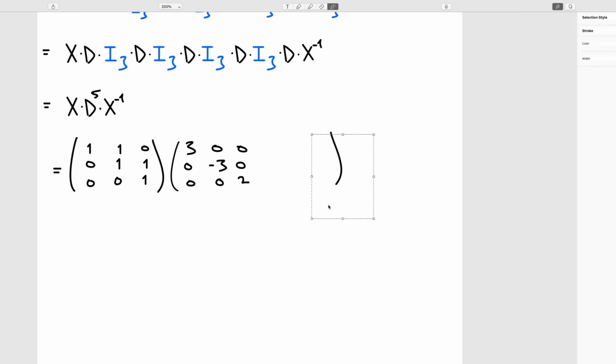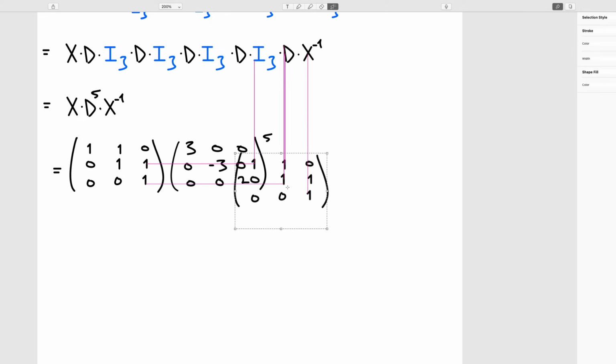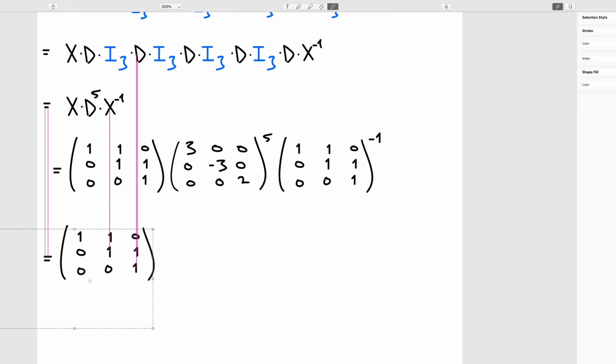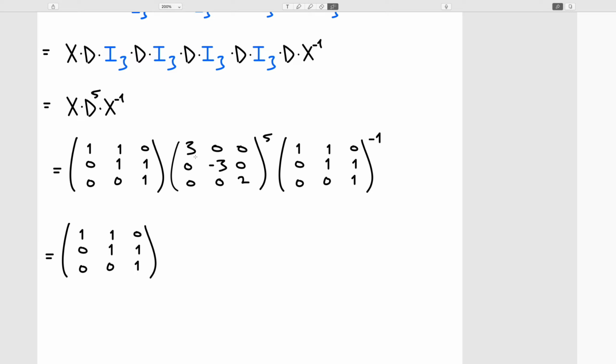And it's to the 5th power times the inverse of X. Now, in theory, this is multiplying 7 matrices, right? I mean, 5 of these and then another 2. But actually, it's not that difficult. So we're going to duplicate this. Now, when we take a power of a diagonal matrix, we can actually just bring the power inside here. So let's actually do that in the next step.